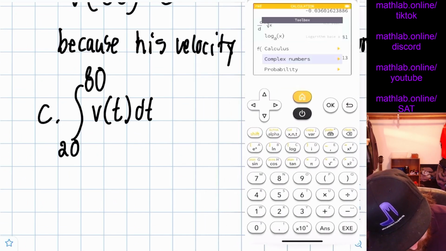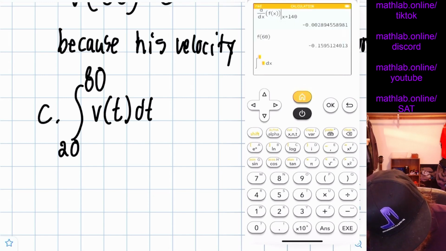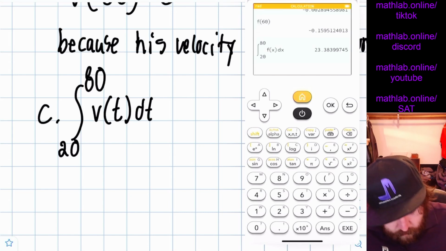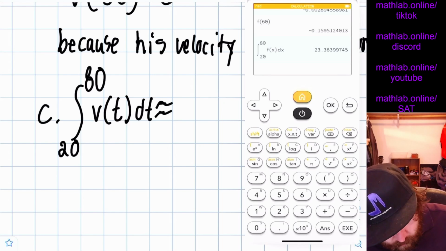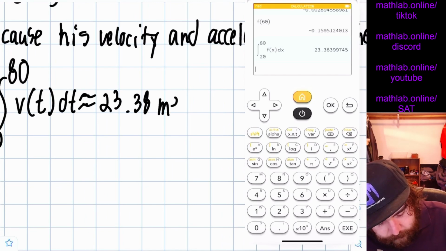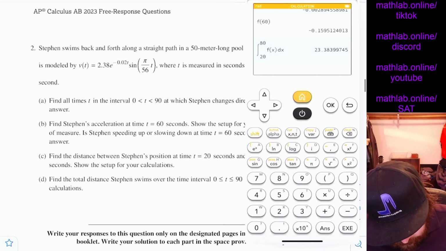We already have that out, so let's just go to calc. Integral 20 to 80 of f of x is approximately 23.38 meters. That's it, right? Yes.